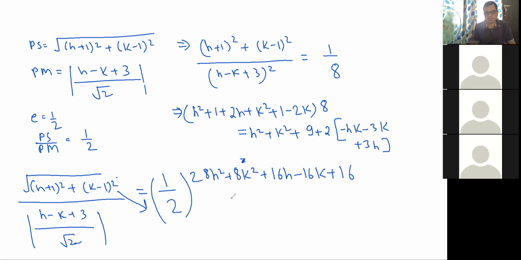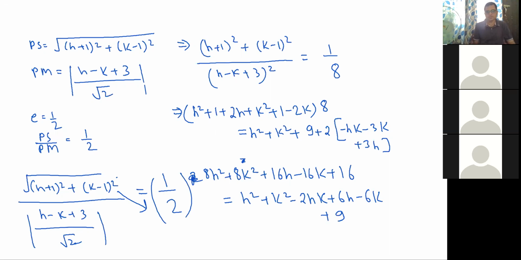Okay, this is equal to how much? h square plus k square minus 2hk plus 6h minus 6k plus 9.